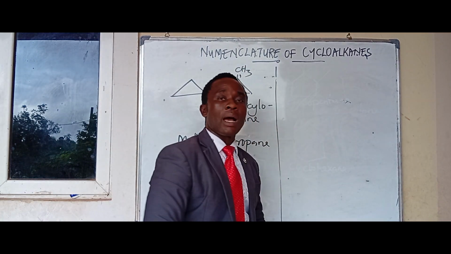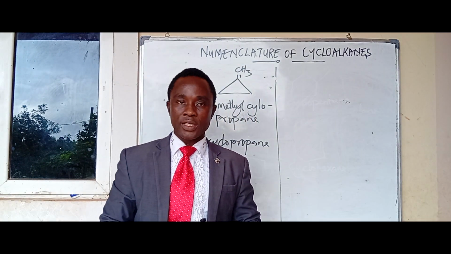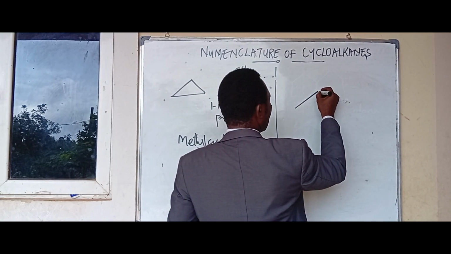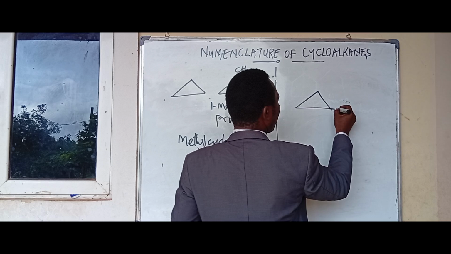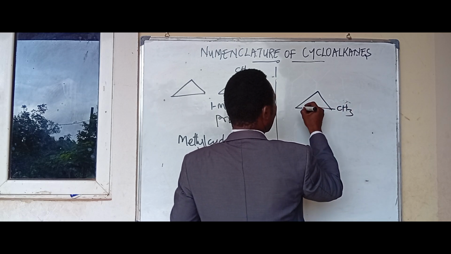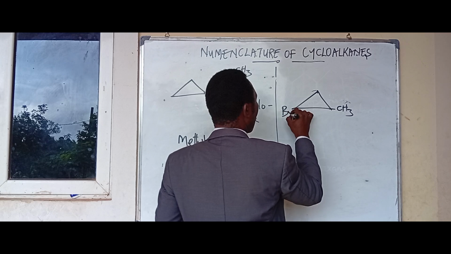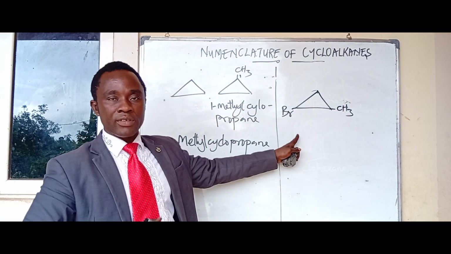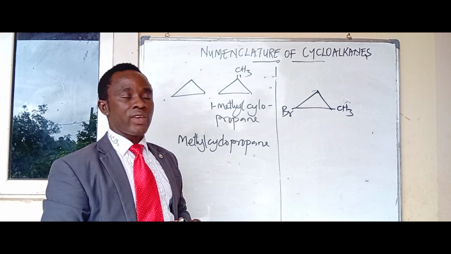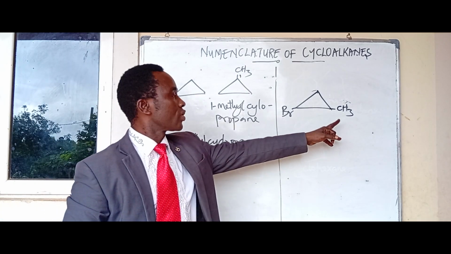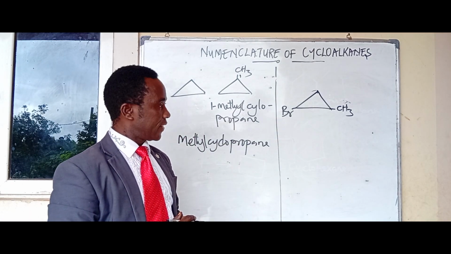Let's say, for example, we have 2 different substituents, such as this. We have CH3, and here we have Br. What will be the name of the compound? If you look at this very well, this one is bromo, while this is methyl.